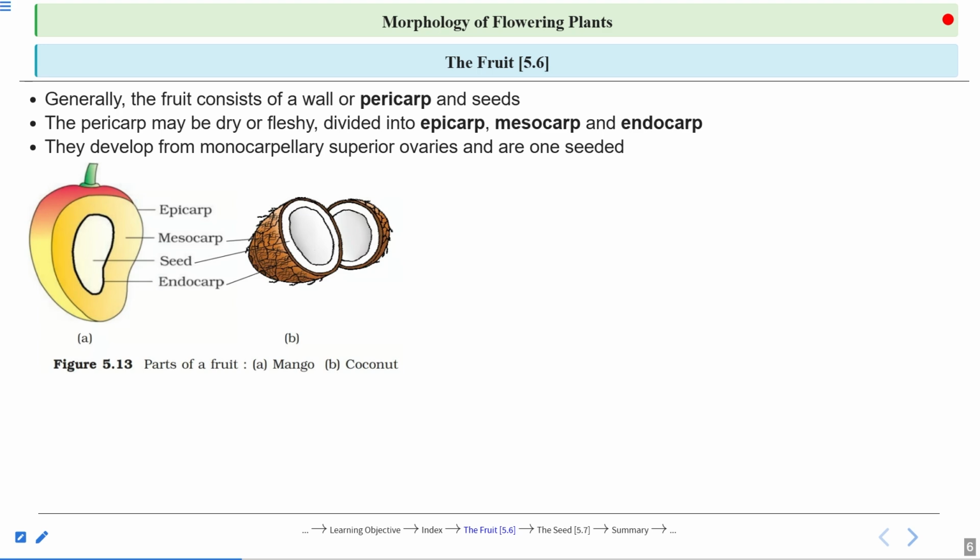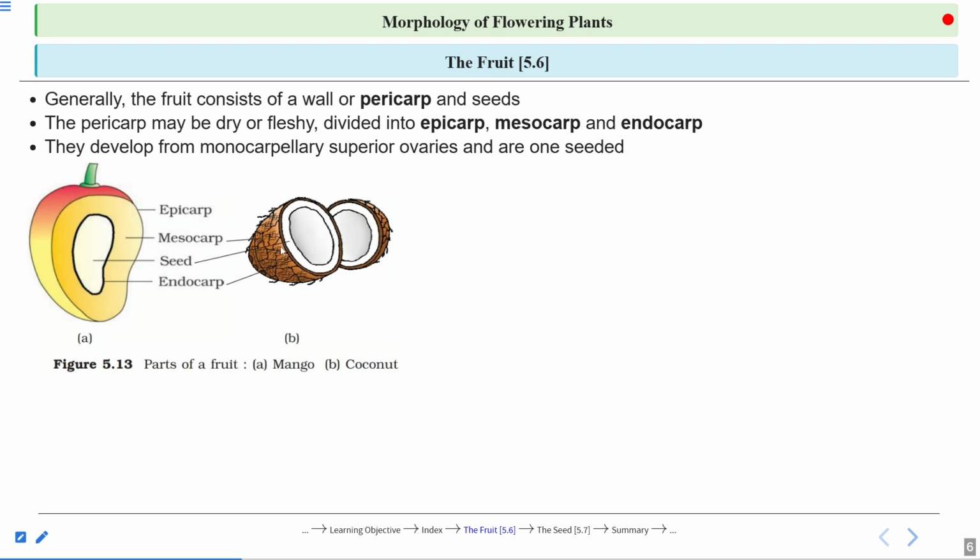And what do you eat in the mango? Mesocarp. And inside it, there is an endocarp, the stony part. The stony part is called the endocarp, and inside the endocarp there is a seed.